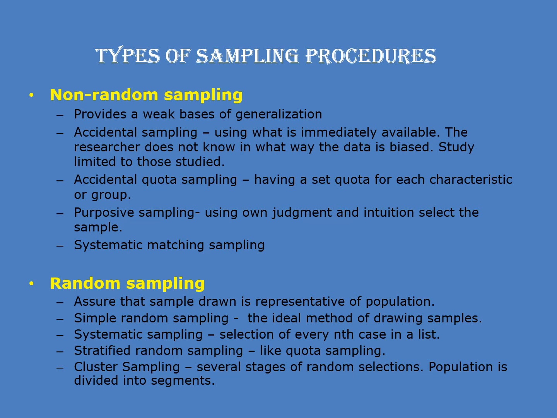Then there's systematic sampling, which is where there's a selection of every specific data point or number within a data set or a list.